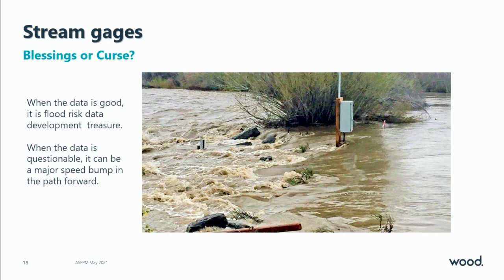So stream gauges are very important. They are usually the best available data we have for the major floods of record associated with given locations. And the stream network is growing again, which is a blessing to us in our flood risk data management.